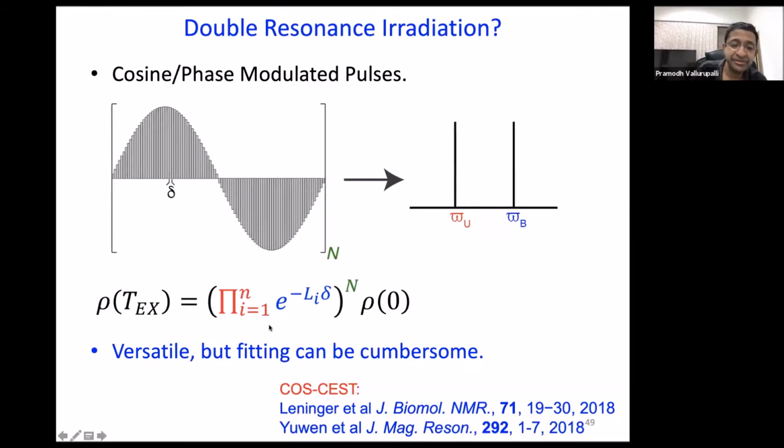But the only negative thing about it is that while fitting, you have to either say you have a time dependent field and one stationary field, and you can do that, or the other way is to calculate a Liouvillean for each of these small rectangles, and then you can calculate the evolution of the density matrix. So everything will be fine, but fitting will be cumbersome. Rather than take a few minutes, it could take a few hours.